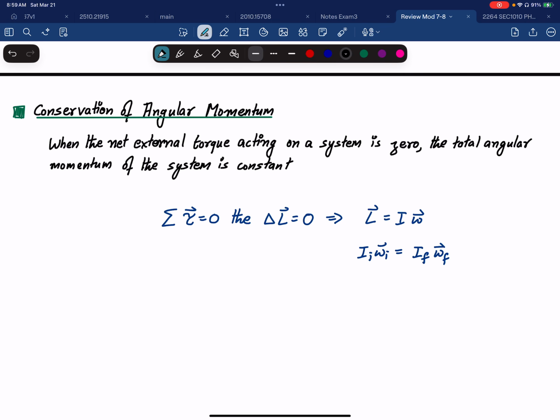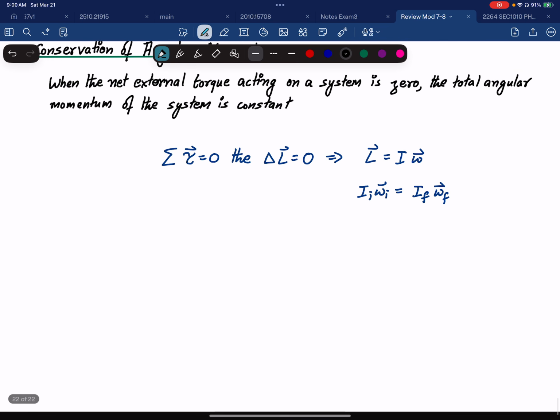So for any system where there is no net torque applied, the angular momentum remains the same, hence the moment of inertia I initial, omega initial, equals moment of inertia I final, omega final. Okay, so I'll be doing one more example on Monday to elaborate on this.